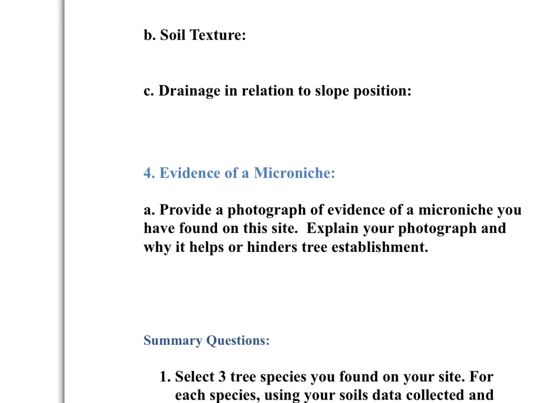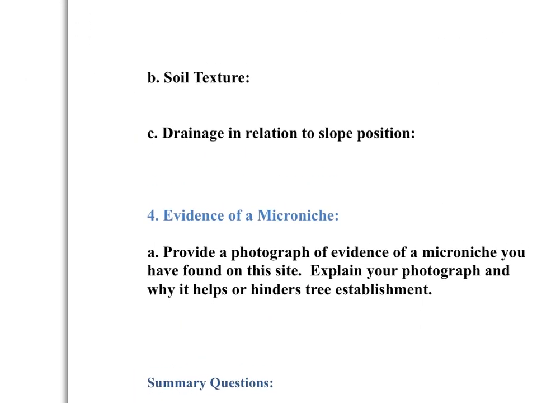And scrolling down, same thing, I'll have some information for soil texture, but we'll get that sorted out. Drainage in relation to slope, just as far as the hillside, the depression, or is it on the slope, the toe, at the crest, different areas like that, just to give an idea on where the water's running off or where it's pooling.